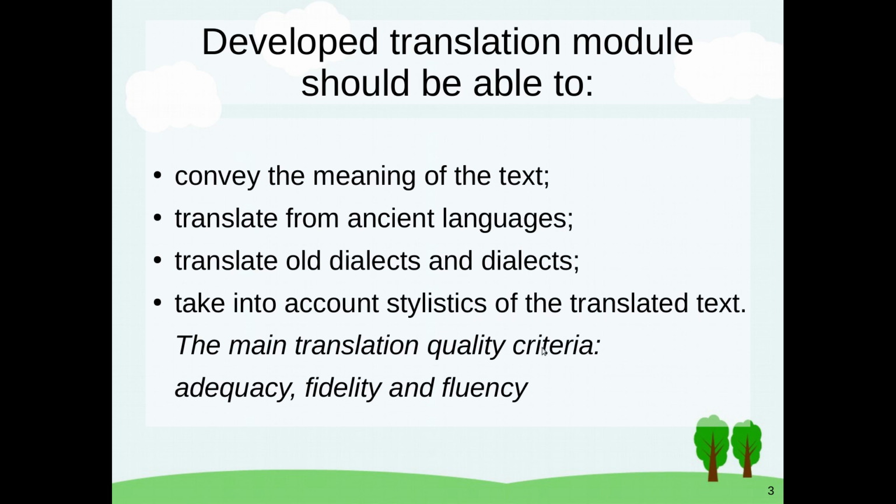The main translation quality criteria are: adequacy is a criterion which depicts if all the meaning was expressed from the source to the target language. Fidelity is a criterion which reflects the accuracy of the source text meanings translation. And fluency is a criterion which shows grammatical correctness and how easy the text is to interpret.